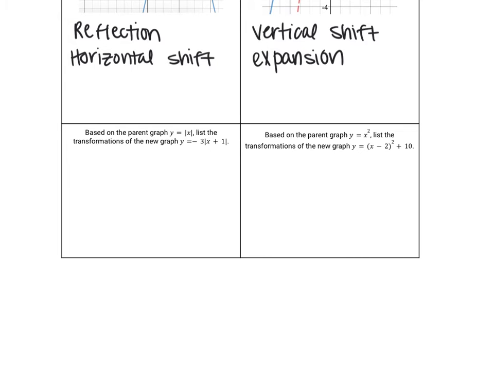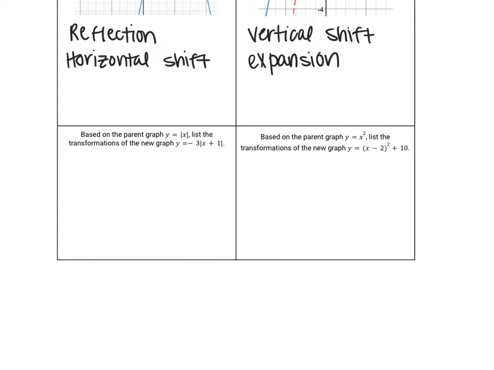So one thing I notice is in front of the absolute value, we have a value greater than 1. So a negative in front means there is a reflection. A value greater than 1, ignoring its sign, indicates there is also a contraction.